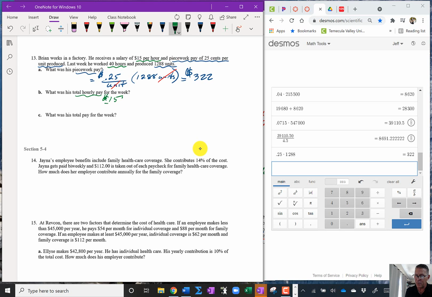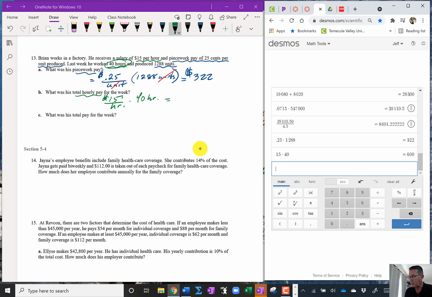Well, the total is going to be the sum of the two. So 322, the piecework pay, plus the hourly pay, or the regular pay. And then that's obviously $922 per week. All right, and that's a little example of piecework pay. Regular pay and piecework pay, very simple.